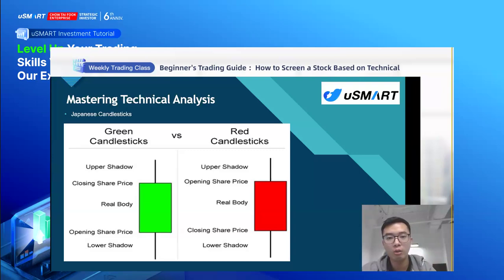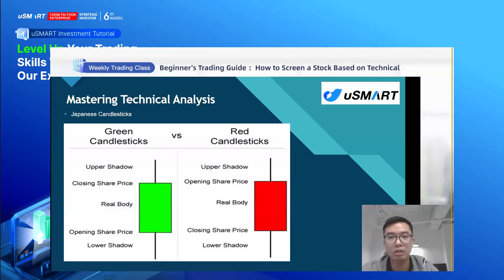For those who don't know why it is called bull or bear, it's because the bull's horns point upwards, so it's called bull. It's a good price action, long price action. For the red candlestick, because the bear presses down, it is called a bear. This comes from Wall Street, and I just explained this for those who don't know why it is called bull or bear.